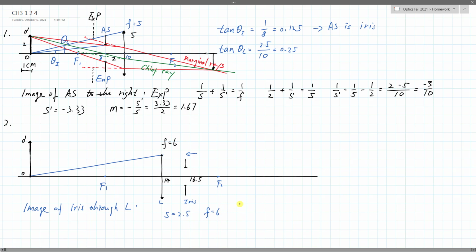So we can do the same exact calculation. 1 over s plus 1 over s prime equals 1 over f. So 1 over s prime is equal to 1 over 6 minus 1 over 2.5. So to find the common denominator, that is a nice integer, so 30. That's 5. Okay, is that right? Let's see. So times 2 is 5, then 5 times 6 is 30, so times 12. Okay.